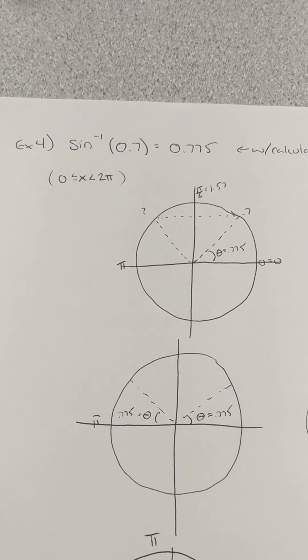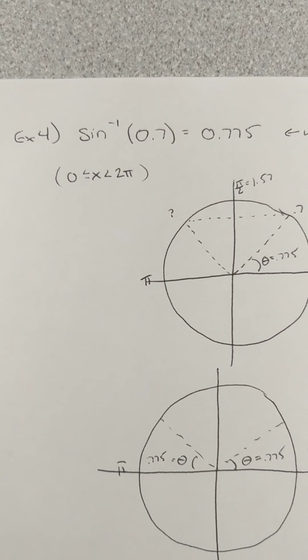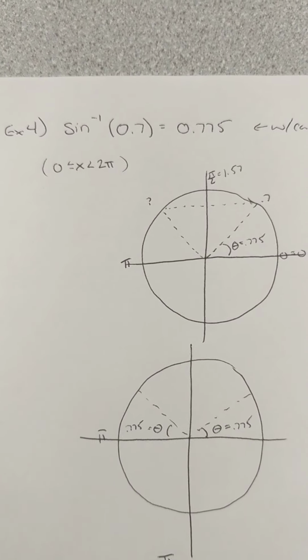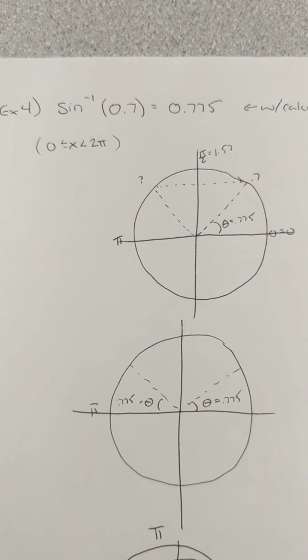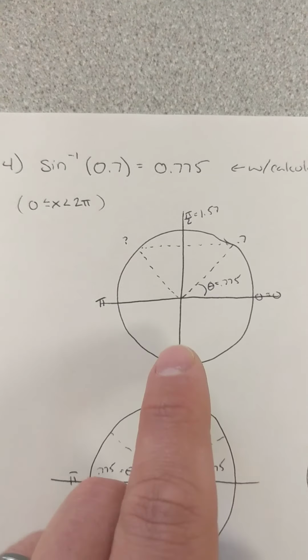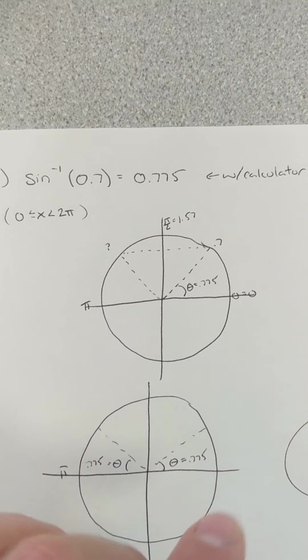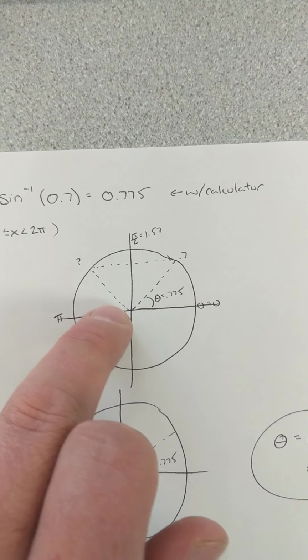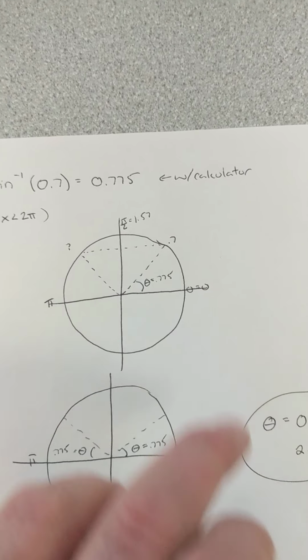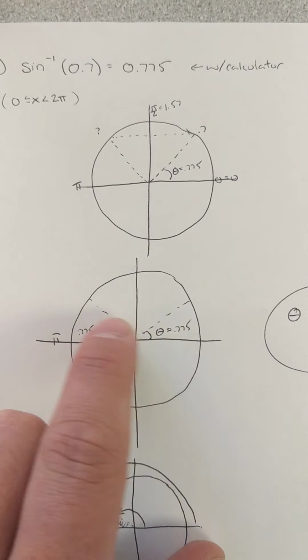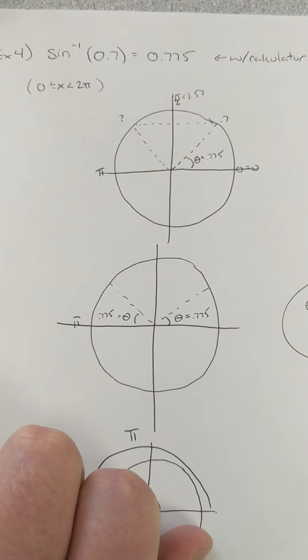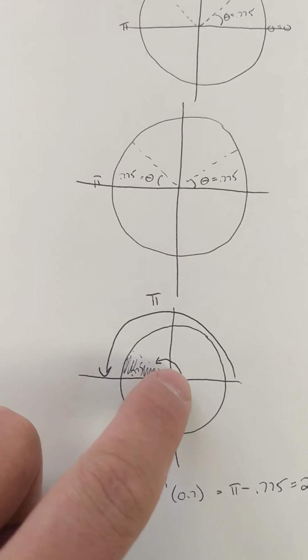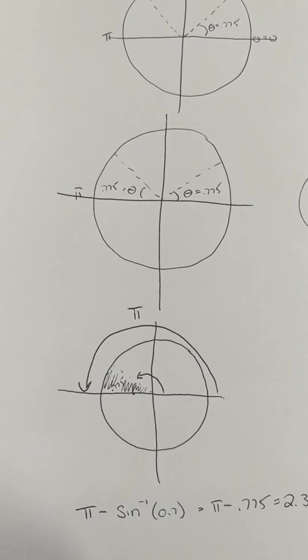Next up we did sine to the negative 1 of 7/10 with a calculator getting 0.775. And so I know this mark here, but the y value would have to be the same across the top, so I have to know what is this angle measurement. Now I know that these two angles are congruent, and I know that I want to go from here to here.